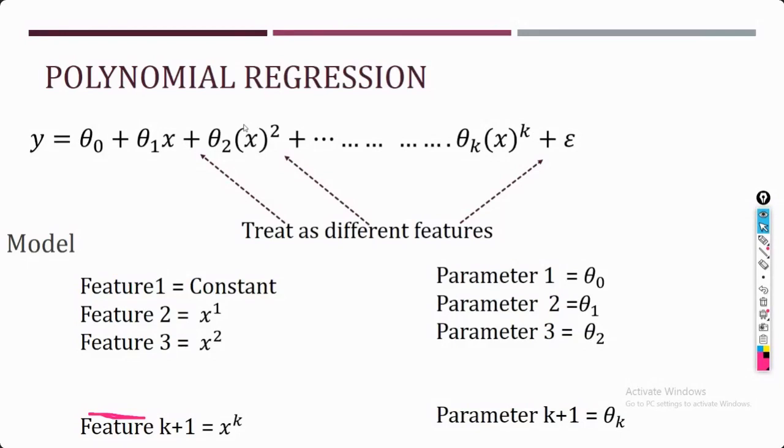So each of these functions creates a different feature, and all of them will be treated as different features. With respect to each feature, we need to associate a parameter theta, because if we have n features, then the number of theta parameters is going to be n plus 1. Okay, so the same thing is represented here.